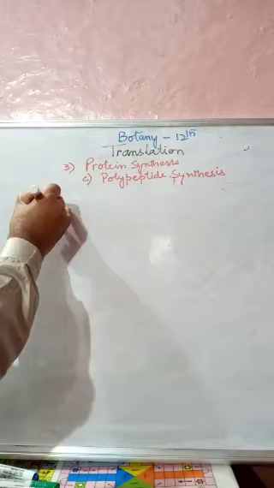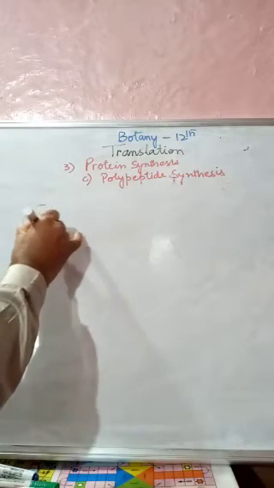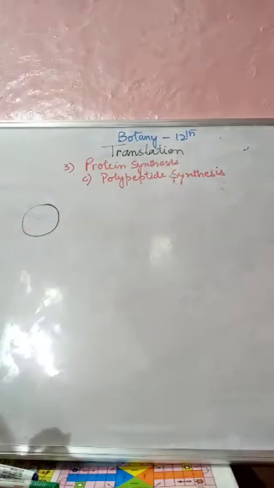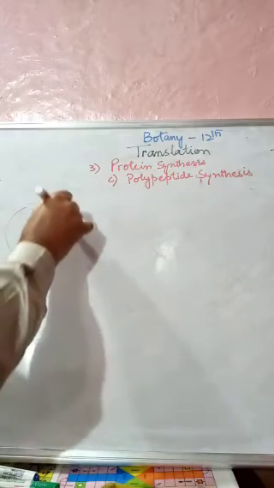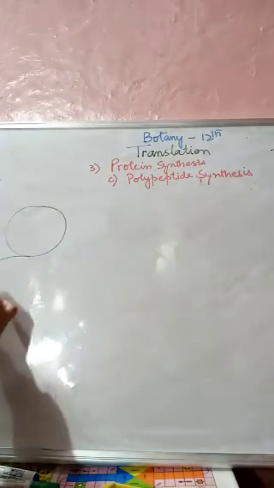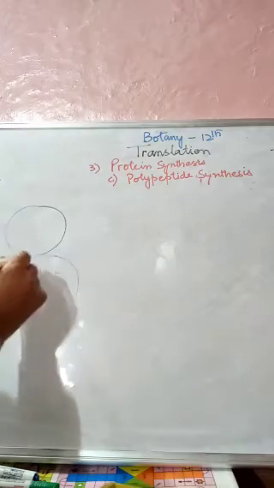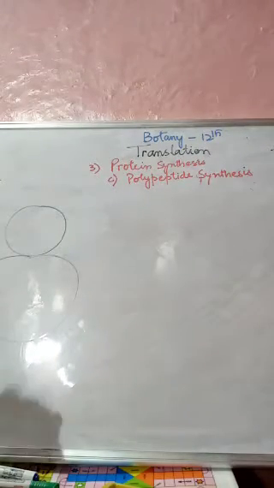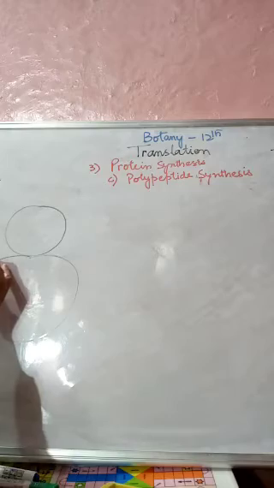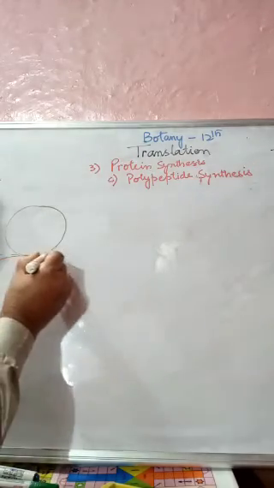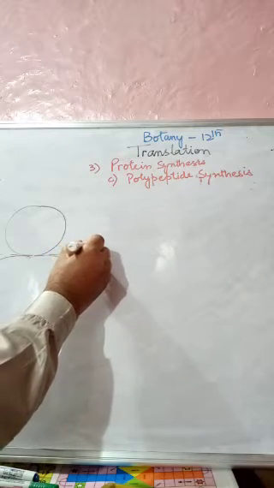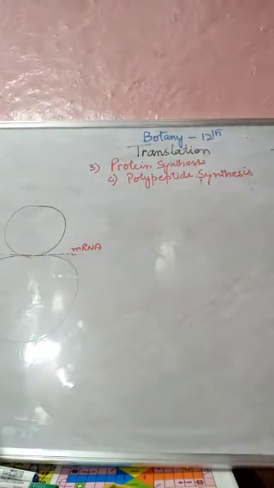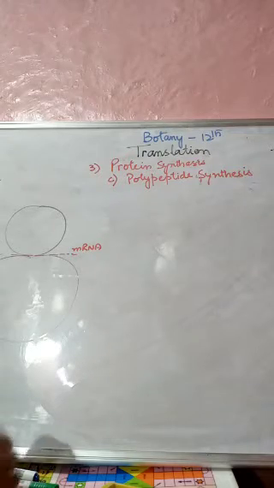If we draw the diagram, it is the smaller subunit, and it is the bigger subunit like this. On the smaller subunit we will see mRNA attached. For example, it is the mRNA. And on the bigger subunit we have got different sites.